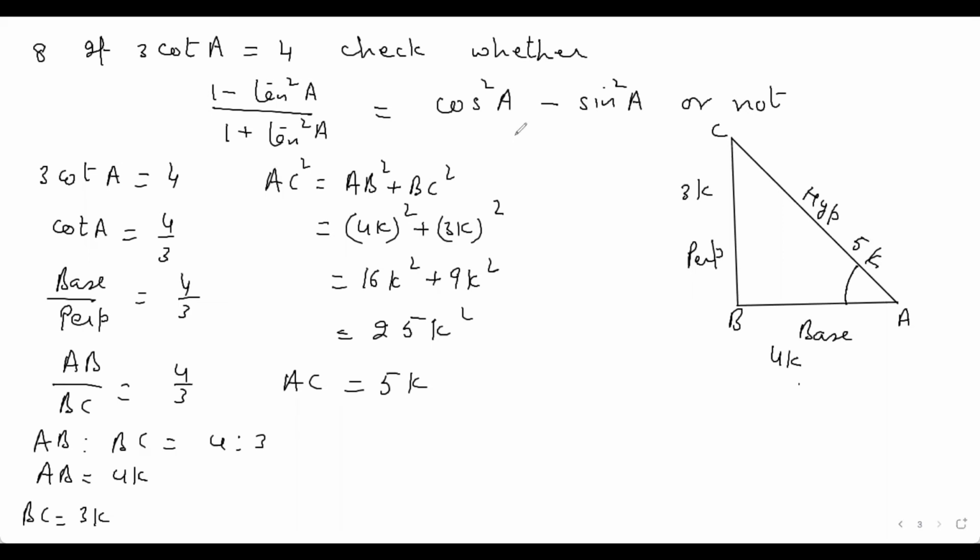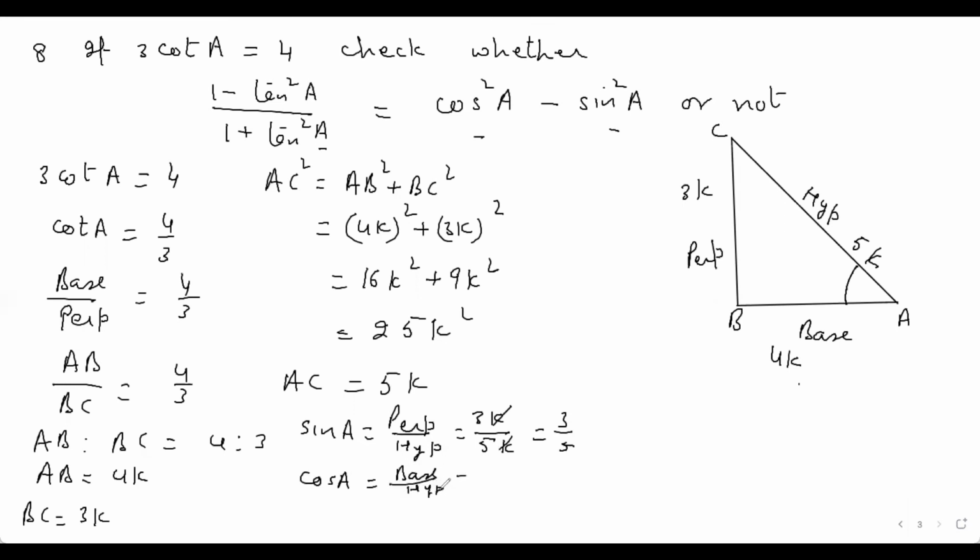And according to the question, I am to find this sin A, this cos A, this tan A. It means sin A is equal to perpendicular upon hypotenuse. What is perpendicular here? 3K. What is hypotenuse? 5K. That is equal to 3 by 5. Then cos A. Cos A is equal to base by hypotenuse.